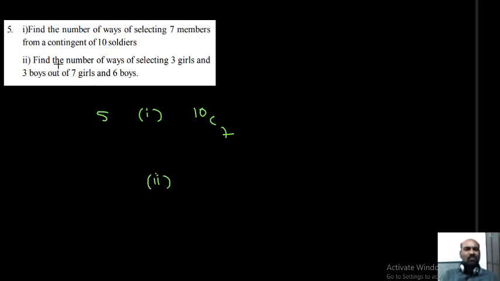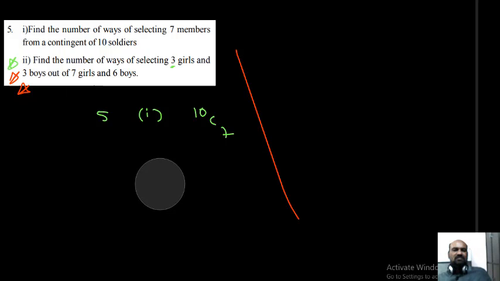Second one: find the number of ways of selecting 3 girls and 4 boys out of 7 girls and 6 boys. Interesting problem, super problem. Students, this is interesting, listen. You need to write a table for this one actually.